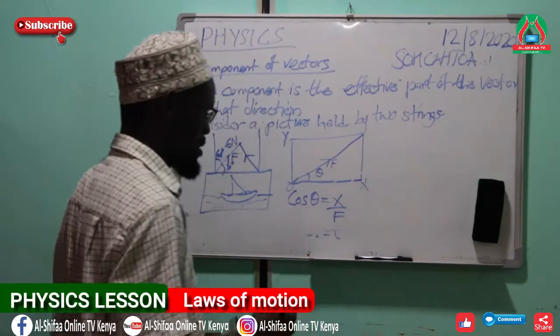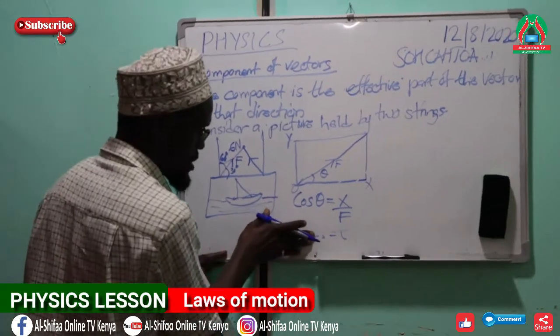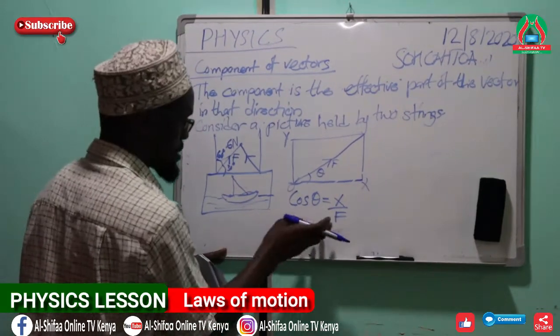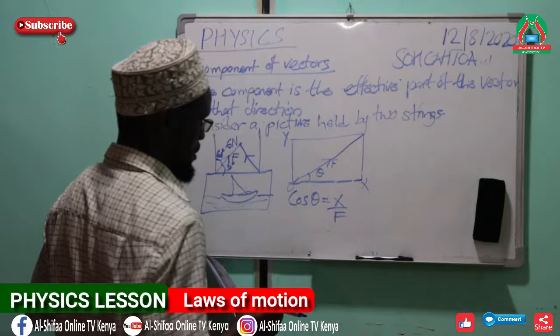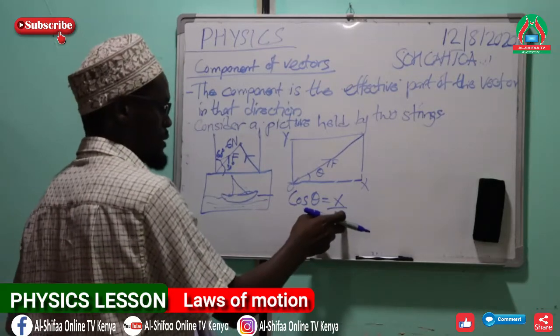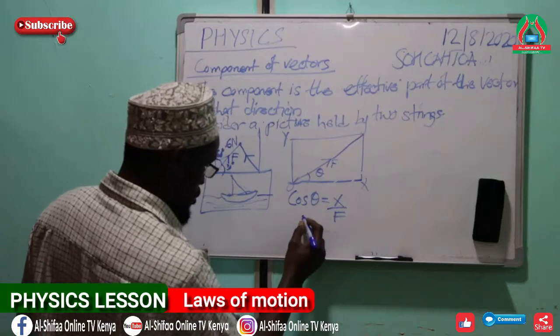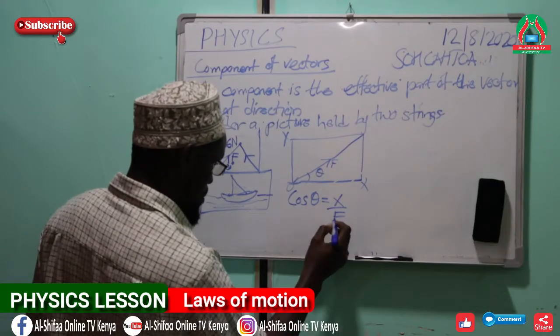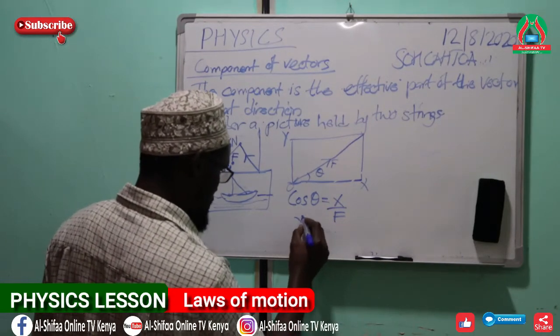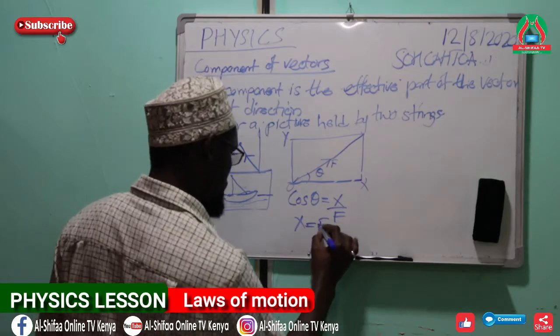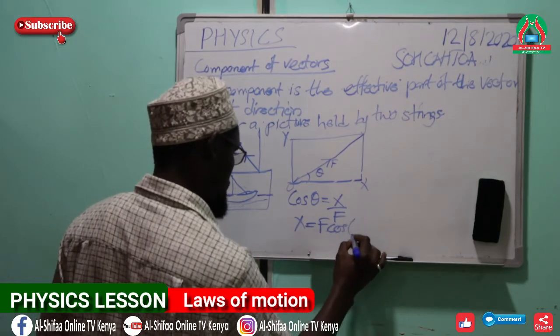Then we need to see how we can represent x relative to the force and the trigonometric ratio. We'll see that x will be equivalent to F cos theta.